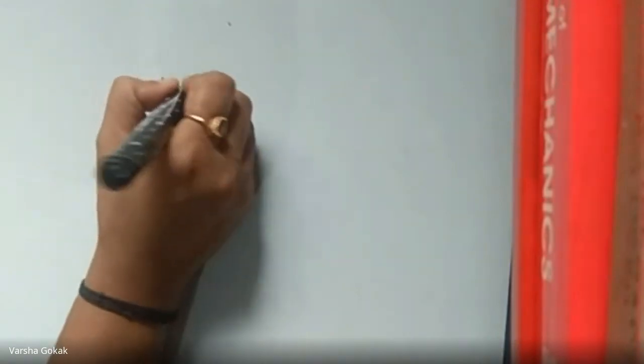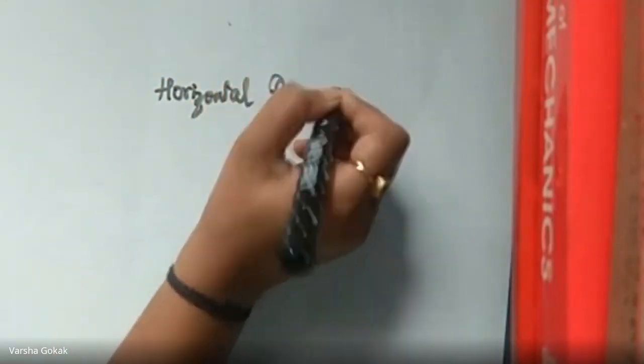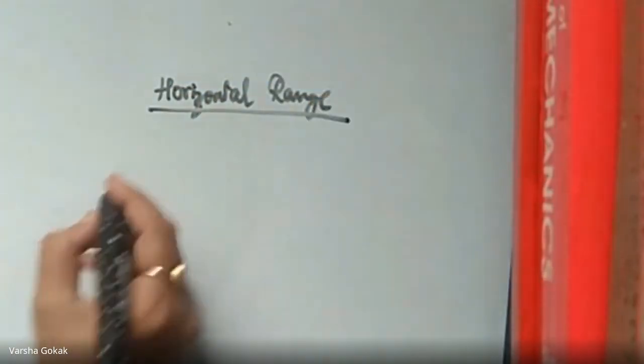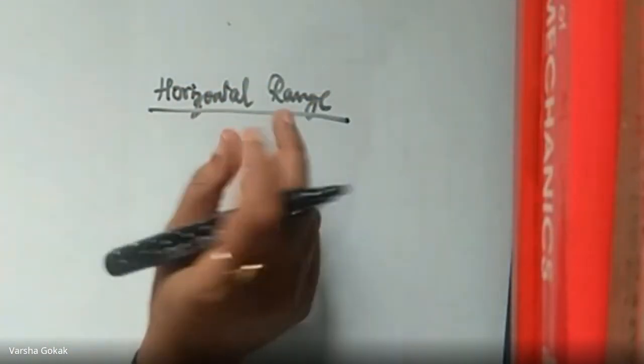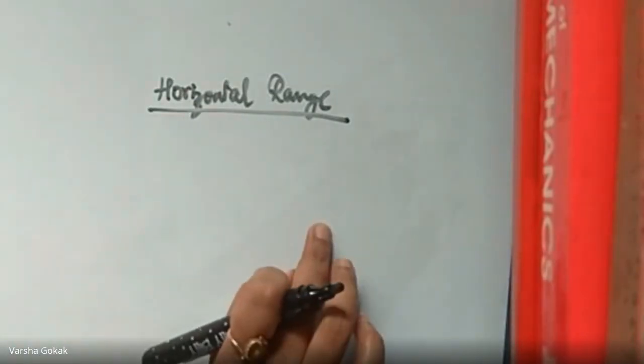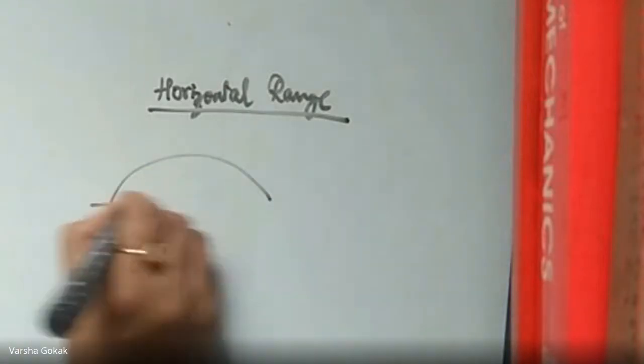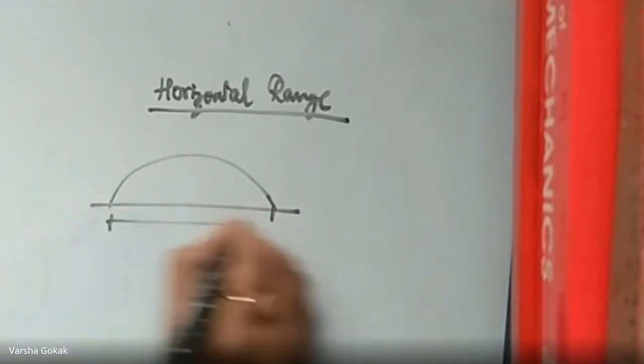And then there is one equation for the horizontal range. These four or five equations we will be making use of while solving. So, horizontal range: during the time of flight, the projectile moves in the horizontal direction with uniform velocity u cos alpha. We are aware of that. If this is your projectile, here I want to find the range.